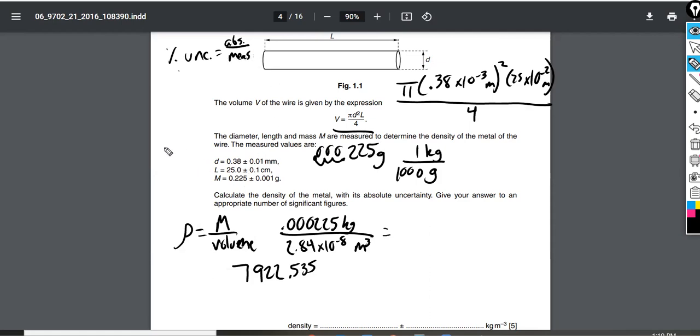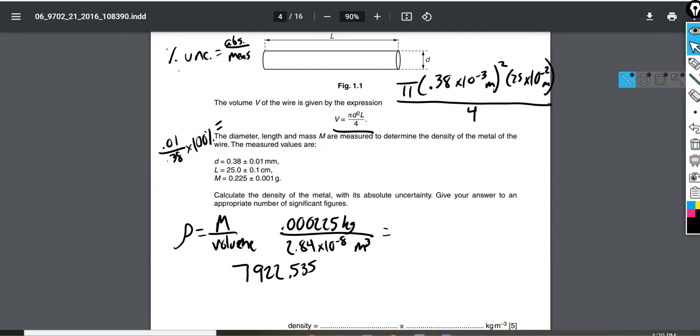So for D, we're going to set it up like 0.01 over 0.38 times 100%, and that'll give us the percent uncertainty in D. Actually, let's go ahead and just set them all up while we're thinking about it.